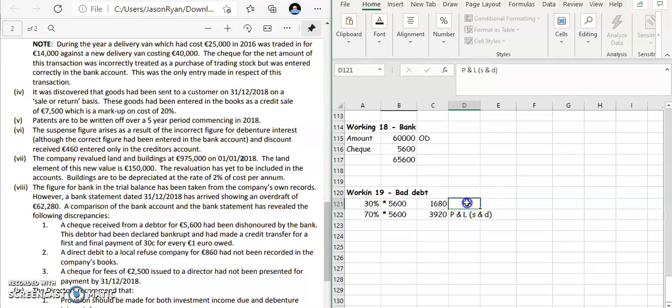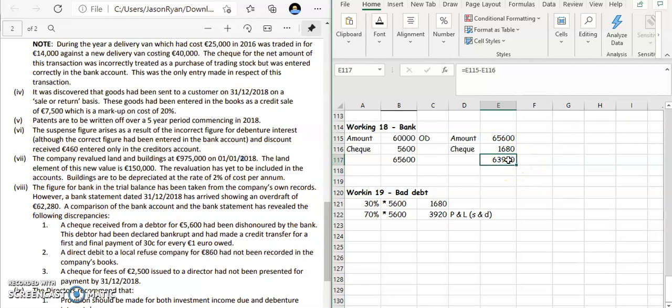And then with this figure here, we're going to adjust our bank account again. The amount for our bank account is 65,600. Then we've got this check that we received of 1,680, so that's going to reduce our bank overdraft.